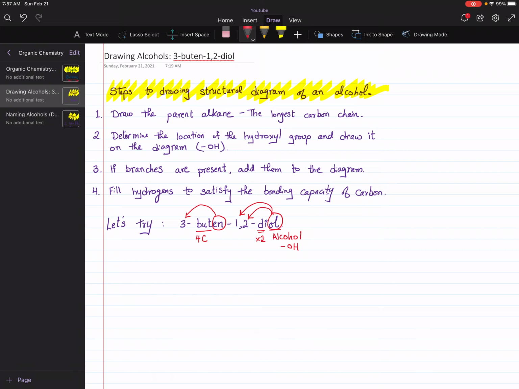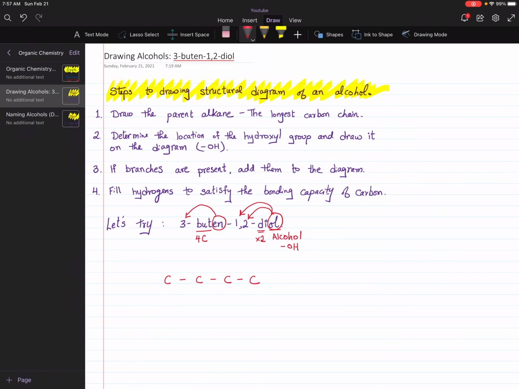Now, once we have looked at the name, let's begin to draw this molecule. First step, the longest parent alkane, 4 carbons long. 1, 2, 3, 4. We have our 4 carbons, and initially we draw it as an alkane, so all single bonds.